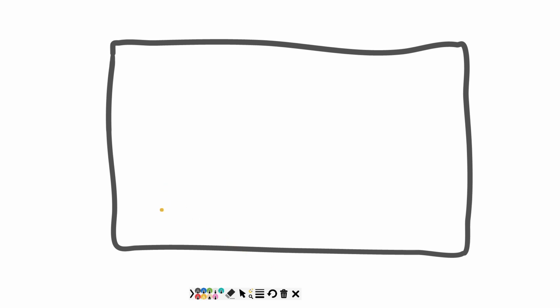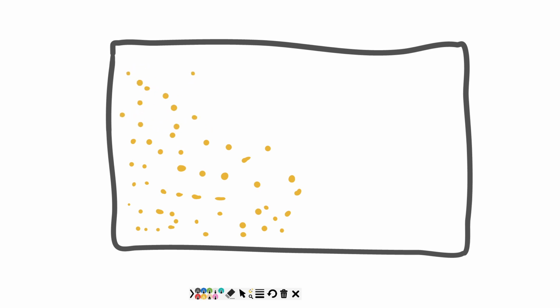So I got these little dots over here, and I'm going to say, okay, all the people that belong to the yellow party, they all live over on this side. Just think of these dots not so much as individual people, but maybe just groups of people, to represent what's happening here in this state.